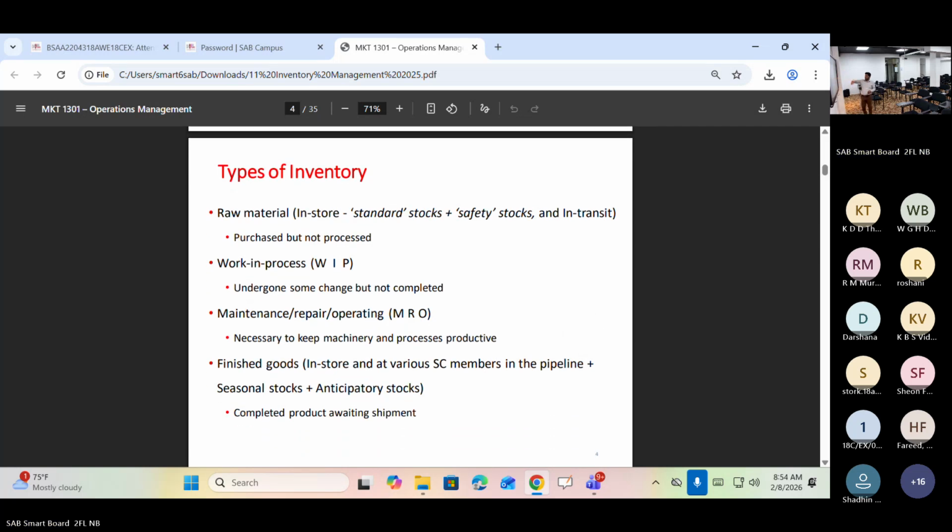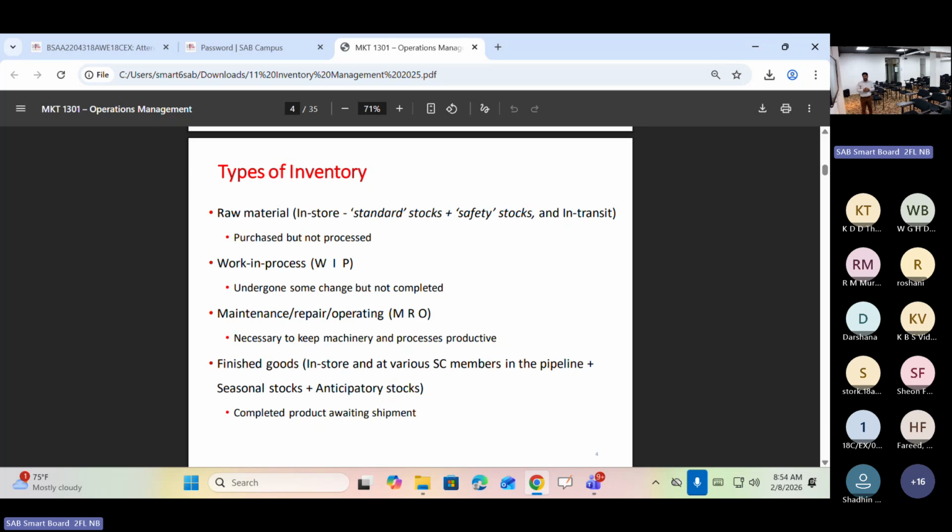Now, hereinafter, I will try to explain some of the key inventory related concepts like different types of inventories, then of course inventory costs, and then what we mean by inventory optimization, and then different inventory management techniques and approaches. I hope that is clear.